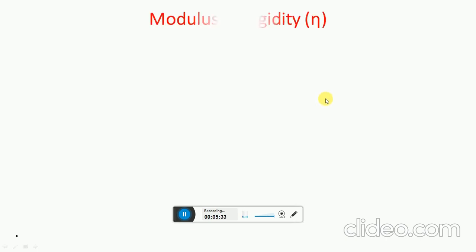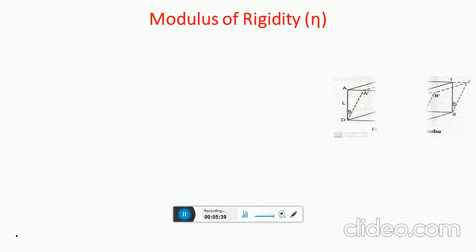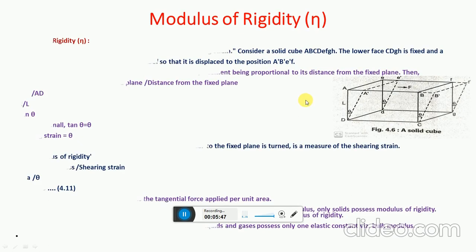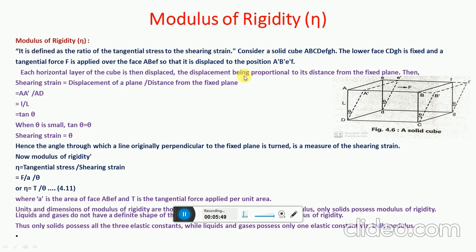Then after discussing this type of modulus, we come to the last modulus, that is modulus of rigidity. To obtain the modulus of rigidity, we consider a solid cube as shown in this diagram. In this case, when we apply a deforming force, there is a change in shape.